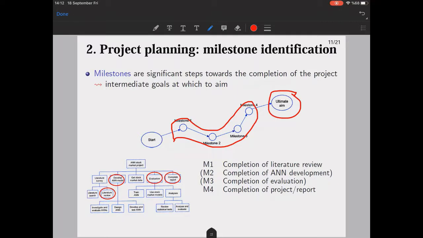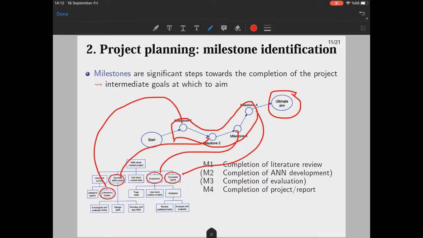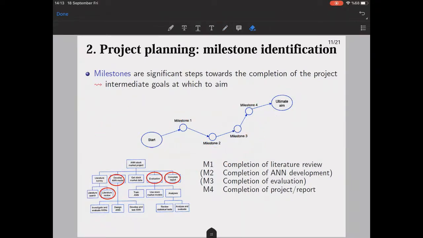It of course depends on your project. After the fourth one, the project will be finished. You can identify some of the works here as your milestones. In this example, the ones in red are your milestones.